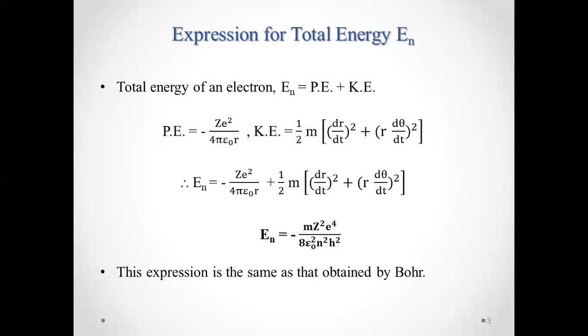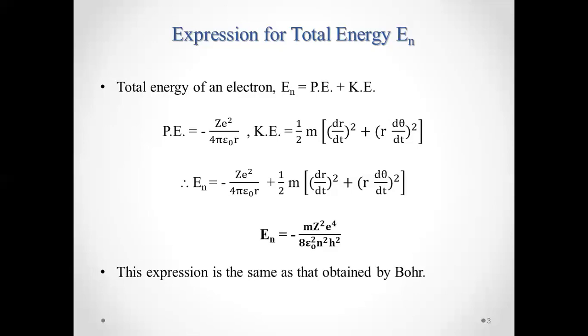Now, this expression is almost similar to the one obtained by Bohr. This suggests that for a given value of n, all the n number of orbits will have the same energy. Just as an example, for n equals 3, one circular orbit and two elliptical orbits are possible, but all of them will have the same energies.